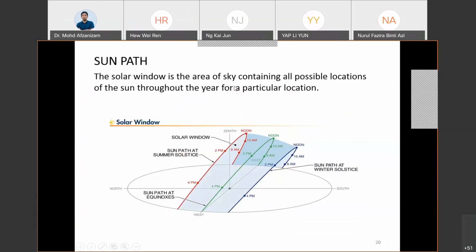Solar window: the area of sky containing all possible locations of the sun for a particular location. Every single time has its own path, and every single day. So that's why we need to clearly understand the behavior of the sun as our reference to install the solar system.